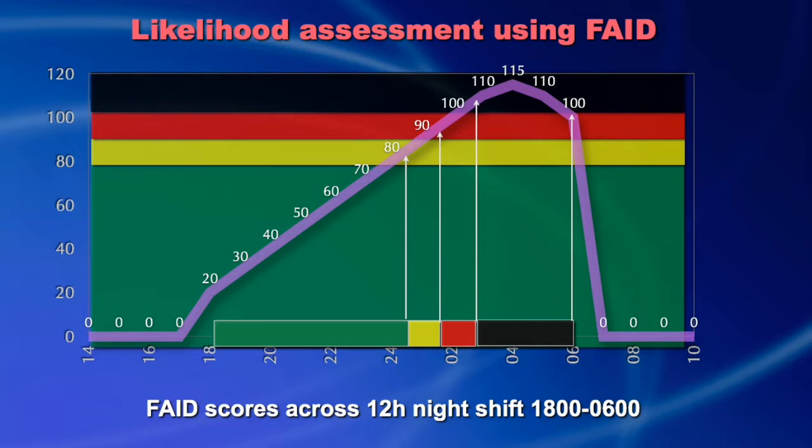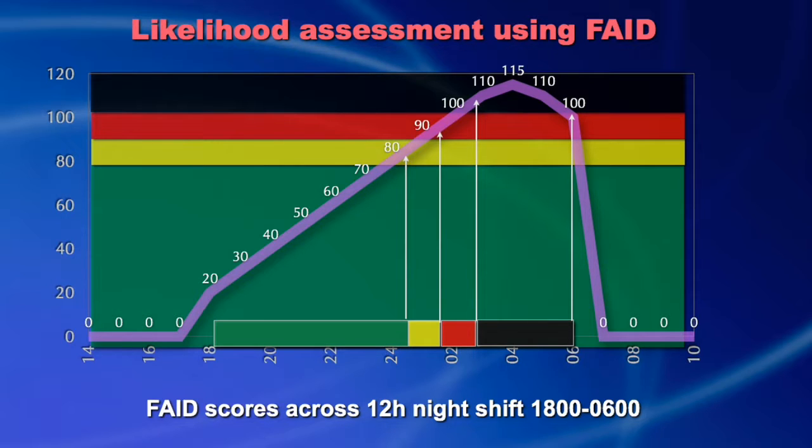And what we usually say is that where the score falls below some threshold, in this case at 80, then the likelihood of fatigue is low. Between 80 and 90, it increases. Between 90 and 100, it increases more. And in this particular case, we have set a threshold value of black as anything over 100 points.